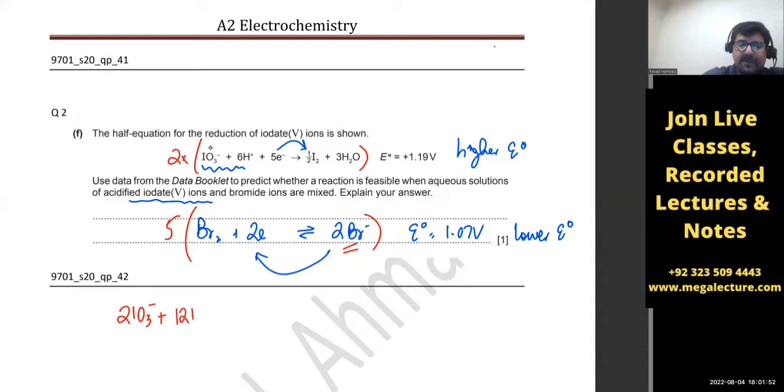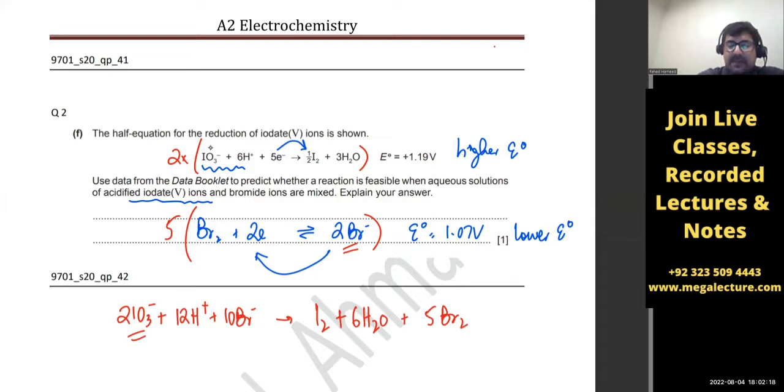And the bottom bit is going to be 10Br minus, right? And what about the products? In the first one, it's going to be I2 plus 6H2O. And in the bottom one, the product is 5Br2. So the reaction is happening.